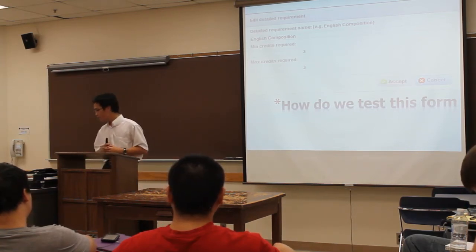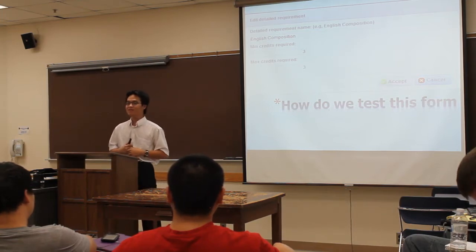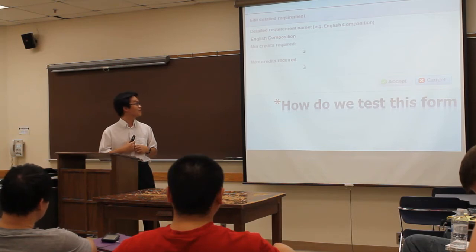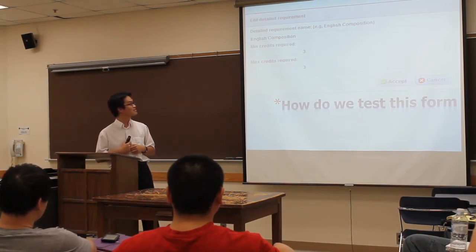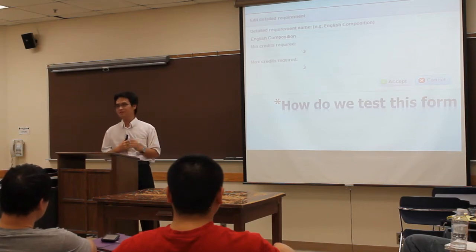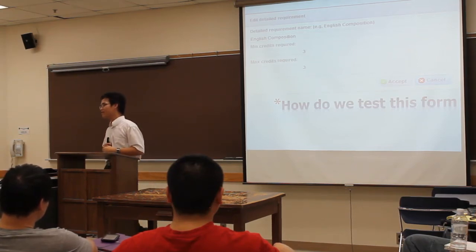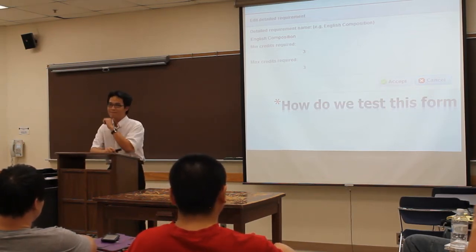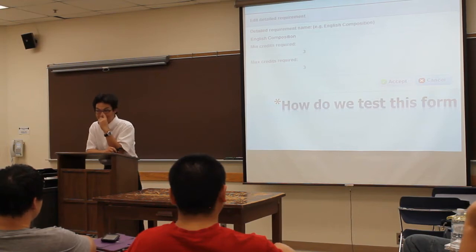We will get into the point of view of the tester, the person that tests your application, and think of how many test cases, how many situations you will put into these 3 fields to test if the application is running properly. Anyone? What kind of test cases will you use to test?